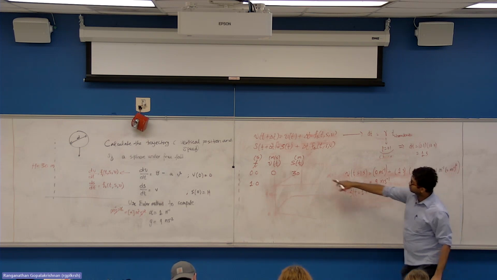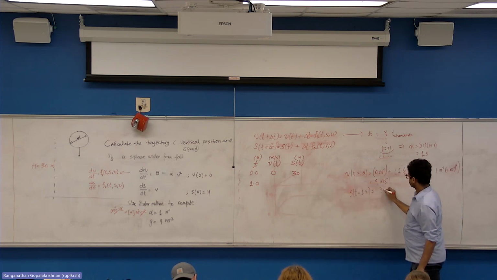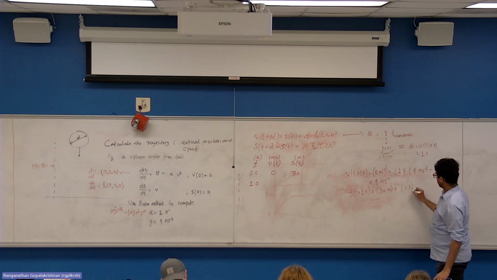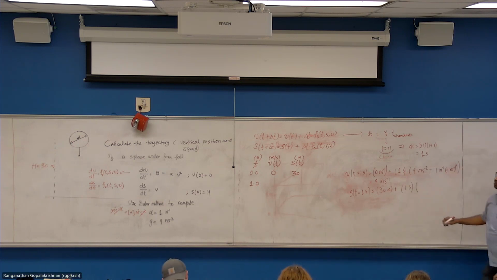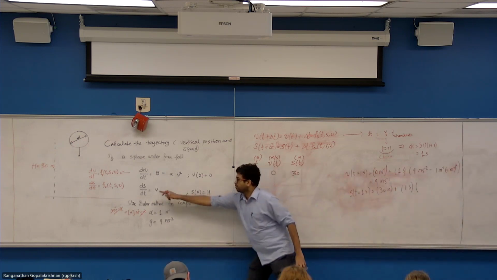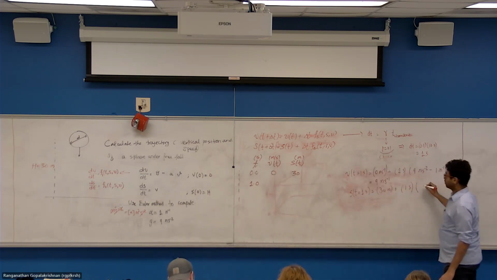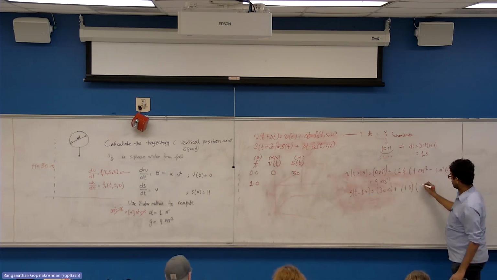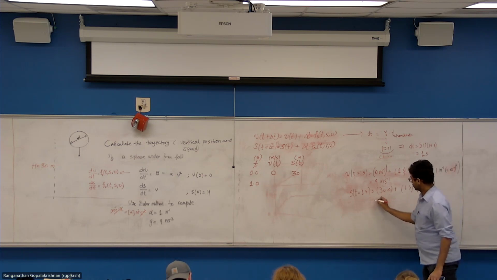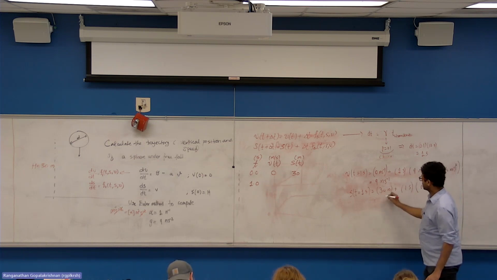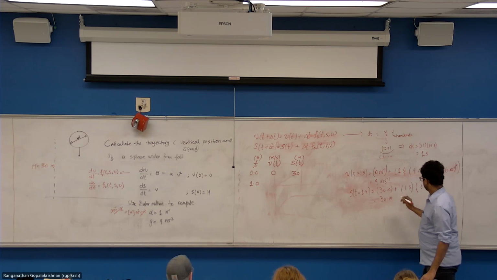What is s of 0? 30 meters, plus delta t being 1 second times what is my v? My current velocity, 0 meters per second. So s is still 30 meters.